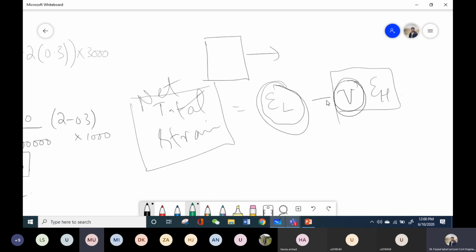Sir, this strain is produced in the longitudinal direction, net strain? If we are doing it for the change in length, then yes, this is the longitudinal strain.